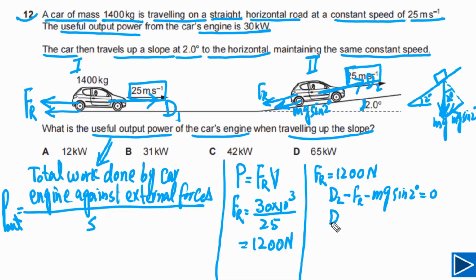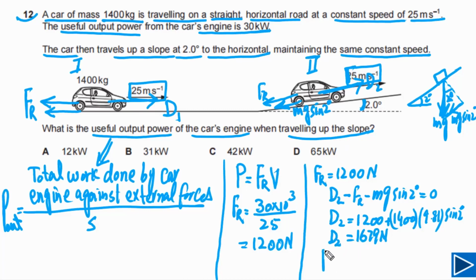So from here we can find out D2. This is equal to 1200 plus mg. M is 1400, this is the mass of the car, and g is 9.81, times sine of 2 degrees. If we solve this one, we can find out the value of the force, that is equal to 1679 newtons. So this is the value of the force exerted by the car engine.